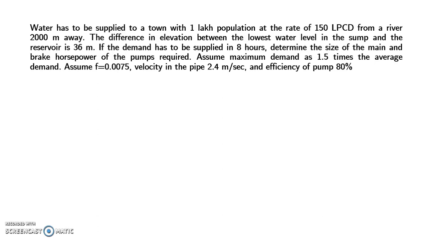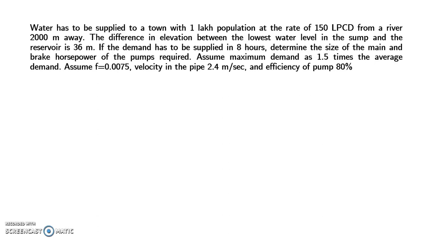Here comes the problem statement. Water has to be supplied to a town with 1 lakh population at the rate of 150 LPCD. LPCD stands for liters per capita day, from a river 2000 meters away. The difference in elevation between the lowest water level in the sump and the reservoir is 36 meters.